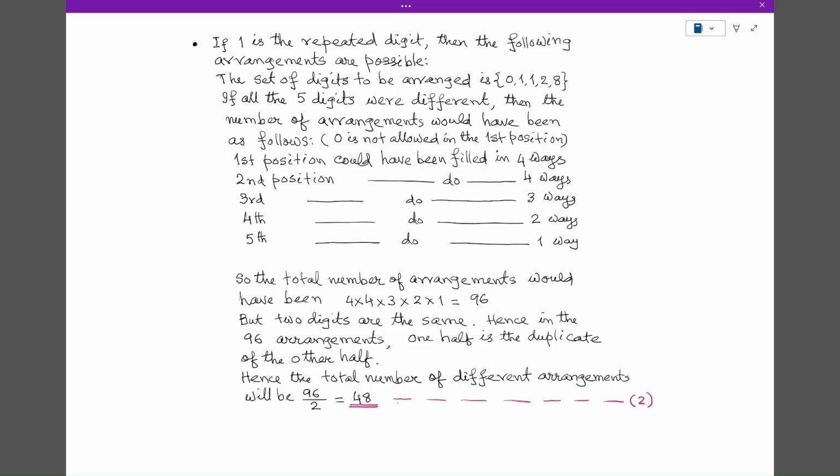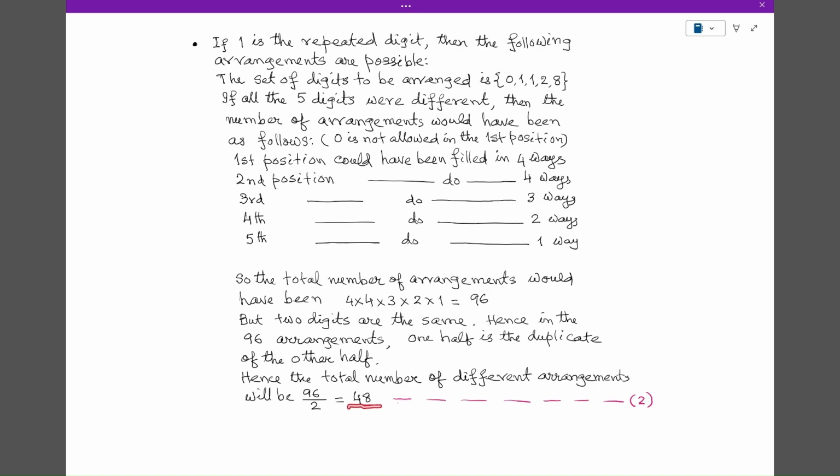But 2 of the digits in these arrangements are the same because 1 is repeated. Hence, in the 96 arrangements, one half is the duplicate of the other half. Hence, the total number of different arrangements will be 96 divided by 2, or 48.